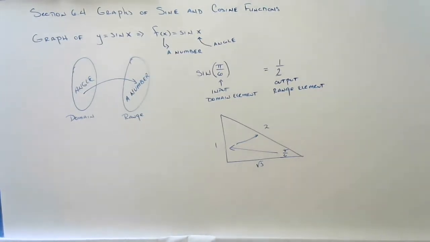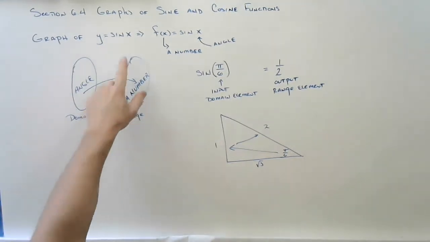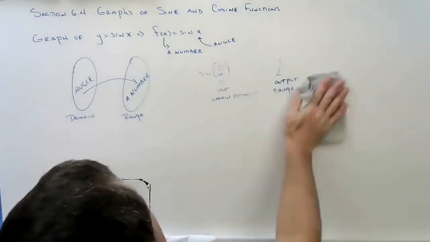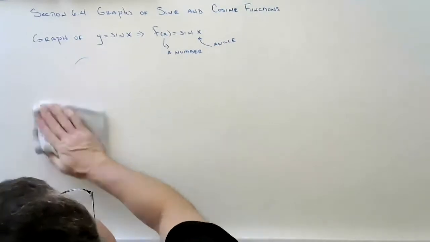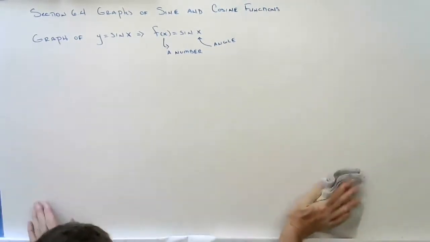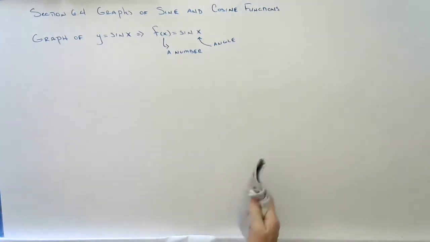But we don't want to confuse this with the x and the y going around the unit circle. That's not the x that's here, and that's not the y that's here. That's the unit circle approach to trig functions. We're talking about graphing trig functions.